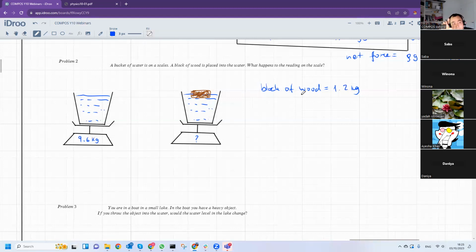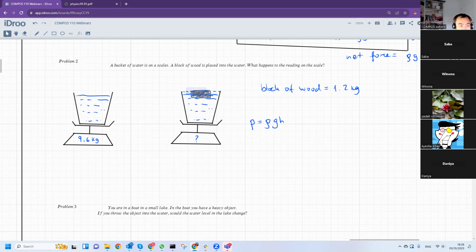Once again, the pressure at the bottom of a liquid is the density of the water times g times h, where h is the depth of the bucket. Thank you, Dania. Yes, the height has increased because when you put the wood into the bucket, the water level has increased.